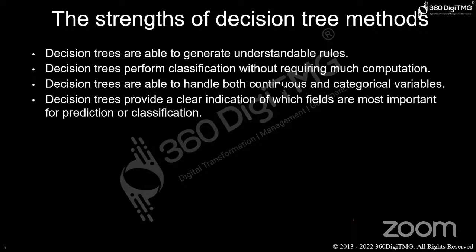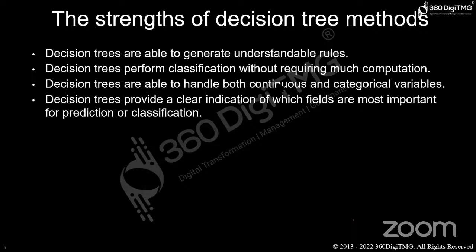Conjunction of values. Let me rephrase it: conjunction of values. Different branches ending in that class are called a disjunction, or sum.